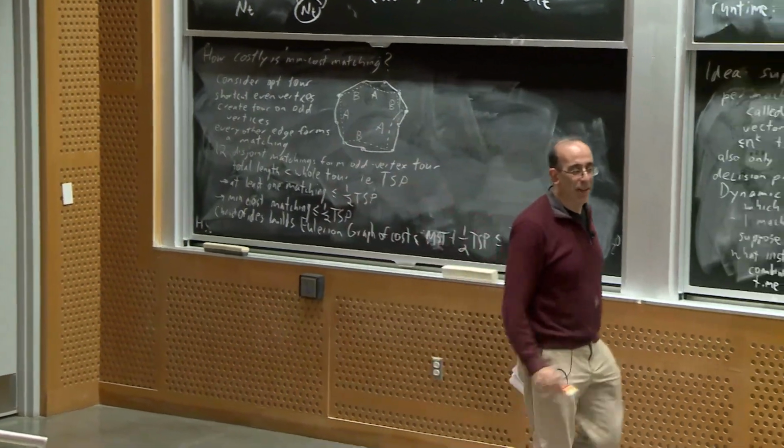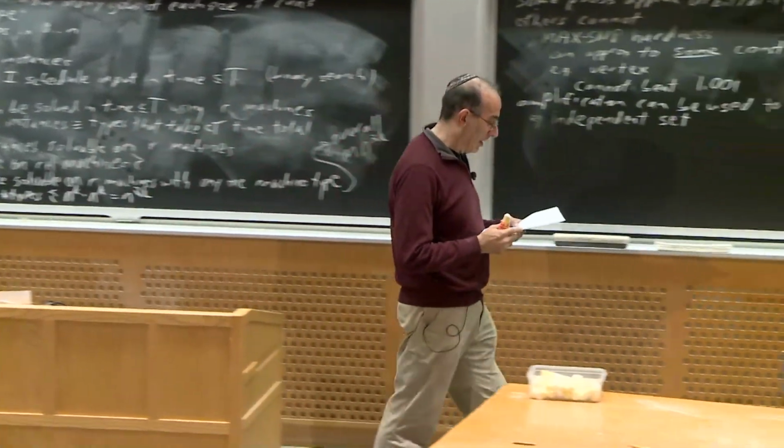So Christofides heuristic gives us a 3/2 approximation to the traveling salesman problem.